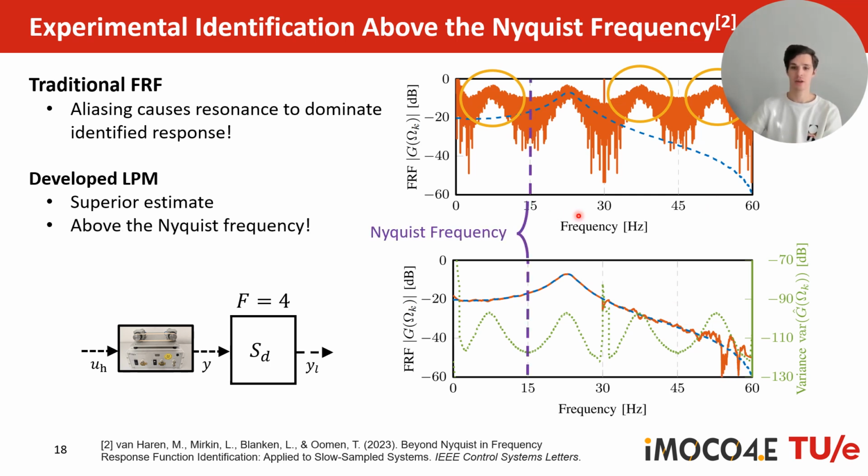Especially considering that the Nyquist frequency is only 15 Hz here, and even up to a factor of 4 above the Nyquist frequency, we can still identify quite accurately. And finally, maybe you've already noticed, but the green line here indicates the variance, and that's actually directly enabled by the developed framework.